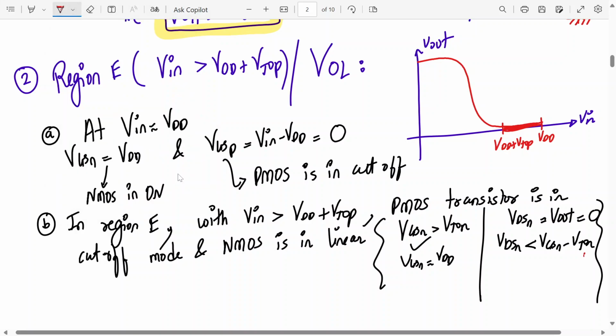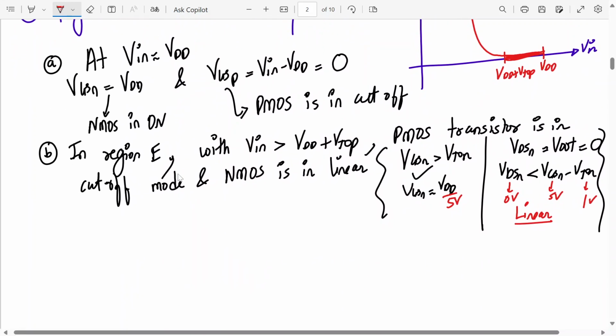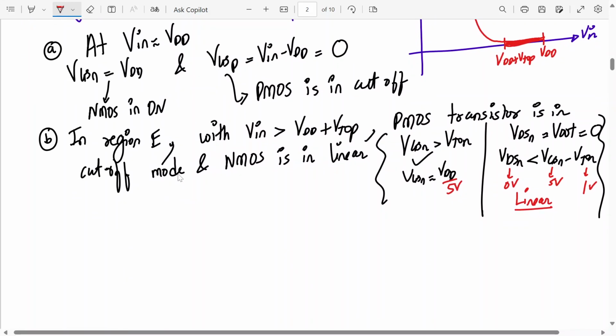Let's say this VTON is 1 volt, VGSN is around 5, and this is 0. So this has to be less. This is the condition for the linear mode of operation for the NMOS. So in region number E, PMOS is in cutoff, NMOS is in linear region.